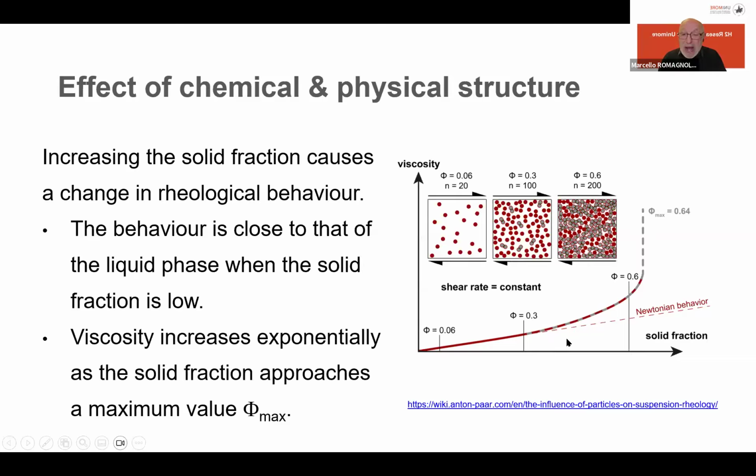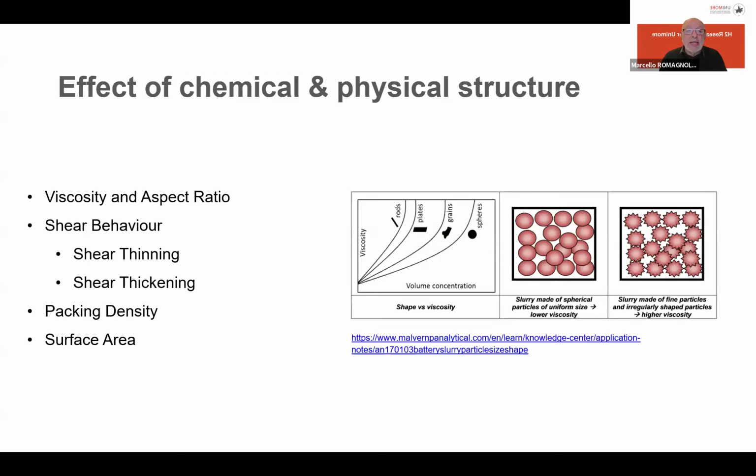This is why, for example, chemical dispersants and particle size distribution are so critical, and we need to use them if we want to have a high solid content. Not only the amount of solid content, but also the shape of the particles is important, almost as much as the size, even if the size usually dominates.